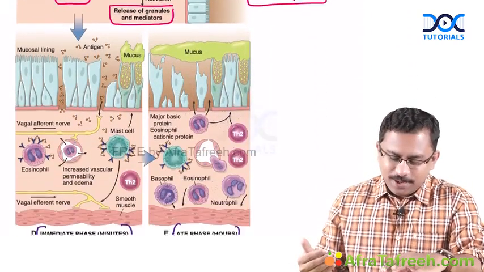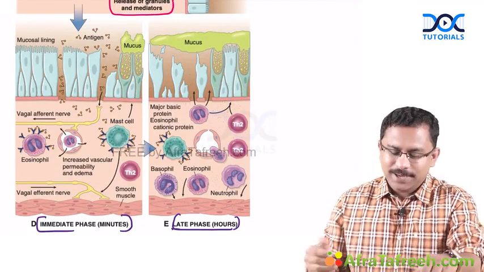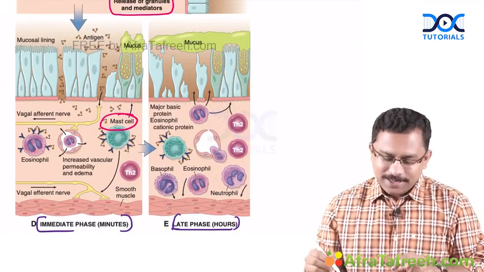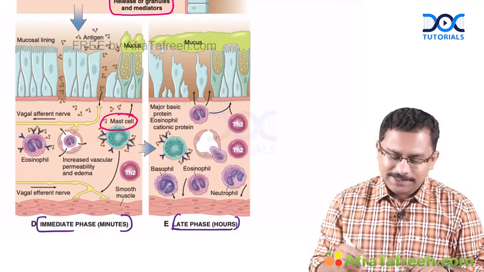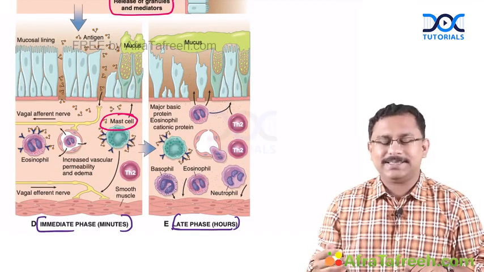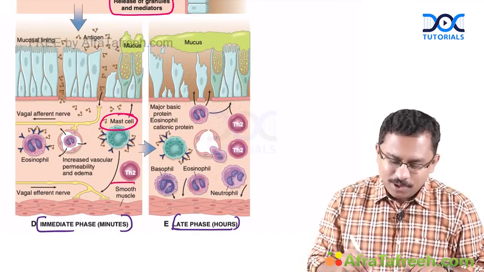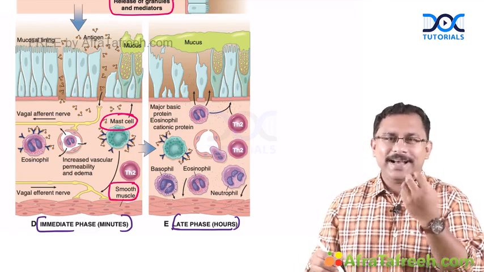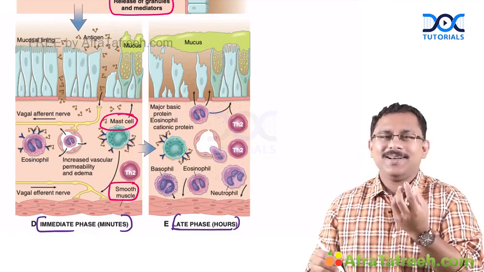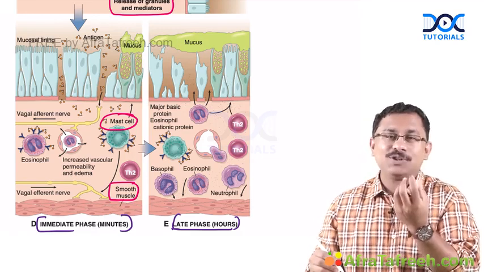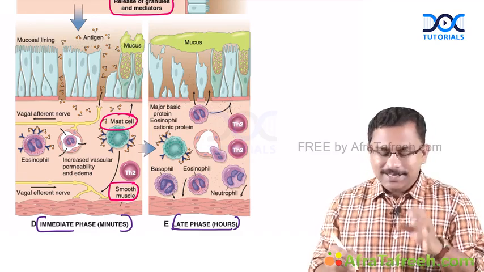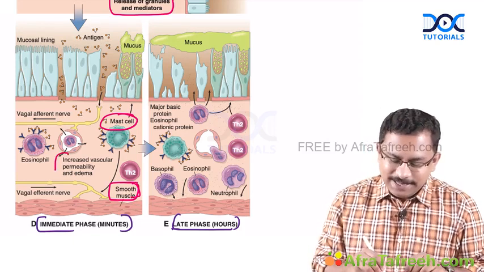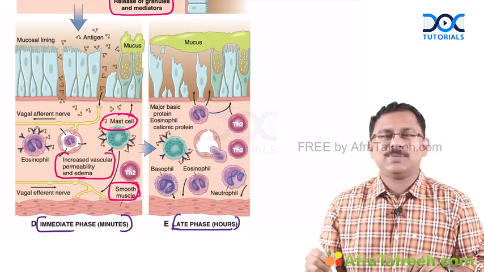Now when the mast cell is activated, you can see that there can be certain changes happening in your smooth muscles, because ultimately in an asthmatic patient bronchospasm has to be there. So there are changes involving the smooth muscle, and there is increased vascular permeability as well as edema.